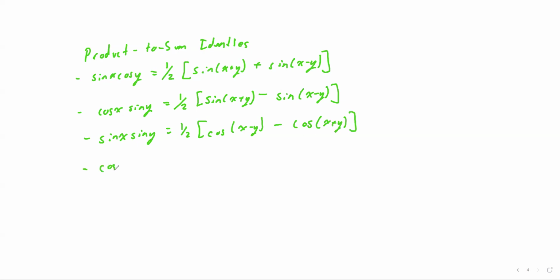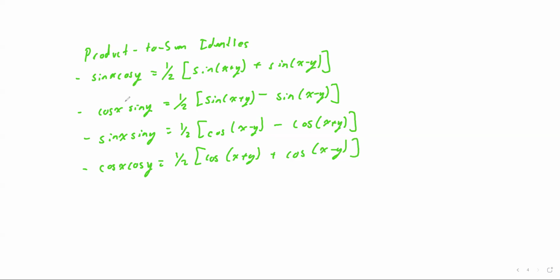We can also have a cosine x times a cosine y, and that will equal 1/2 cosine x plus y plus a cosine x minus y. All right, so that's the product to sum.